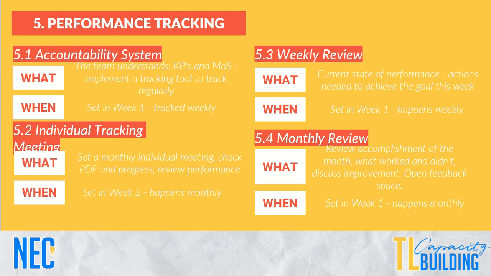So they need to understand this, and they need to have a tracking system to see how they're doing. So this can be done in the very first week. Maybe you can organize a tracking tool. Maybe your VP will give you a tracking tool that you can implement, or you can do it by yourself. And you can track weekly in each team meeting. How are we doing with these goals that we set?